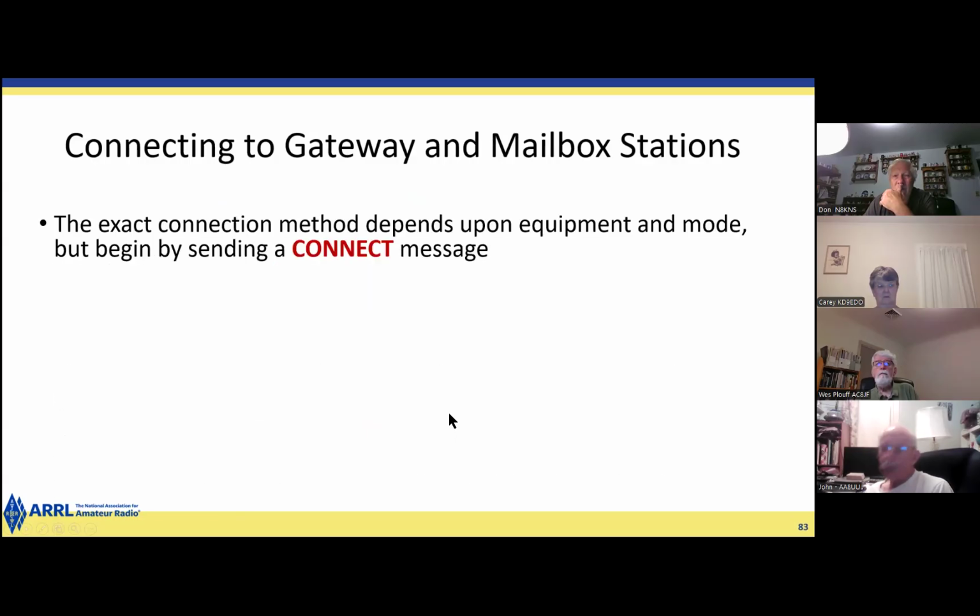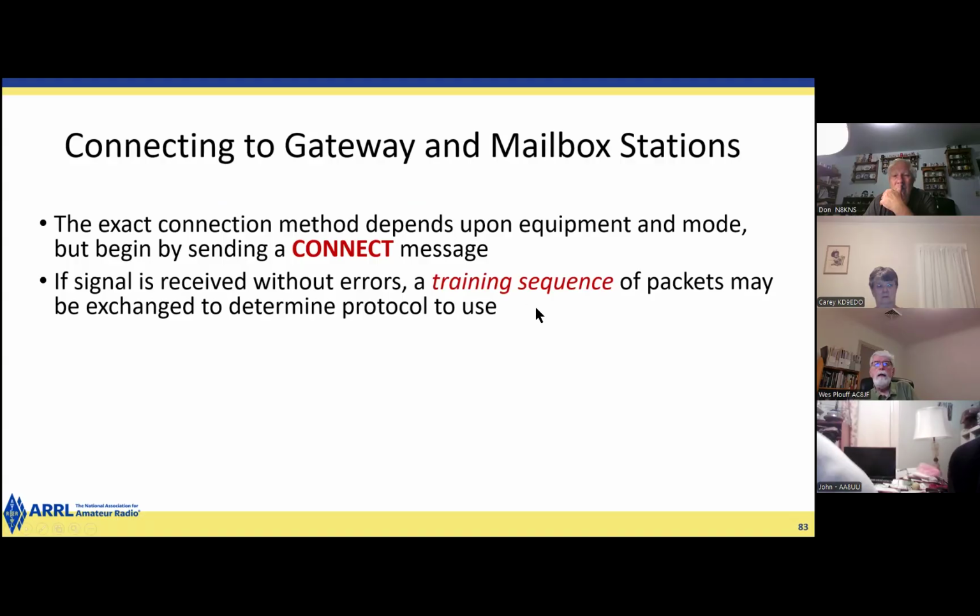So when you want to connect packet radio to a mailbox station, you send a connect message. And if the signal is received, then you send a training sequence of packets to determine between the two stations basically how fast you're going to go, with the minimum of errors.